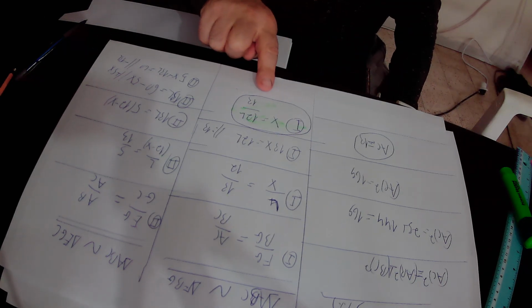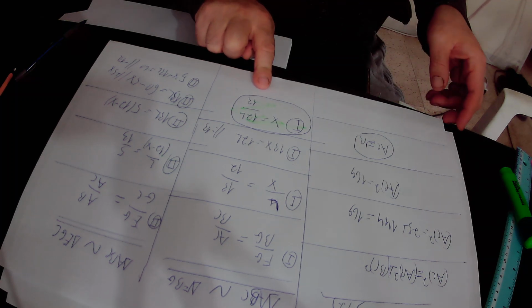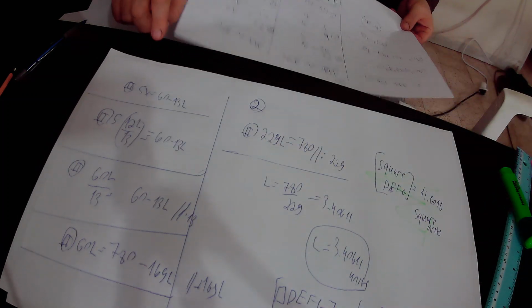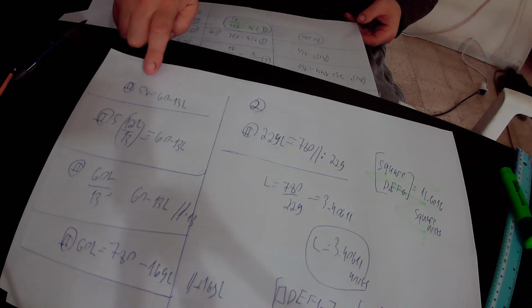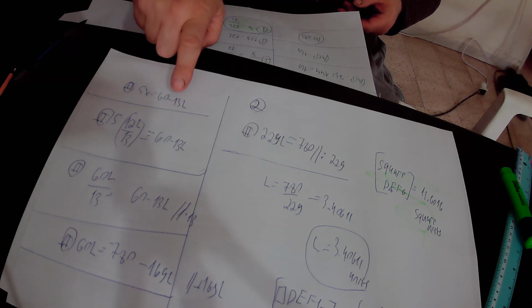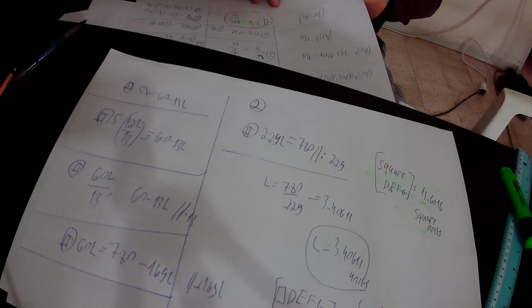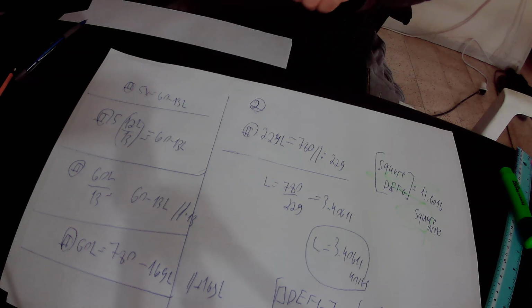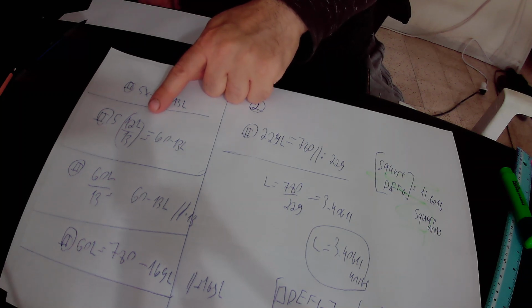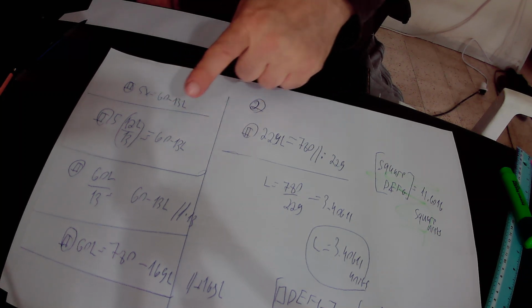According to equation 1, x equals 12L over 13, therefore we can substitute x in equation 2 by 12L over 13. We did it and we got 5x equals 5 times 12L over 13, and it equals 60 minus 13L. So 5 times 12L is 60L, so in total this expression equals 60L over 13.